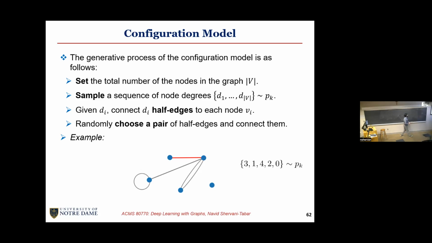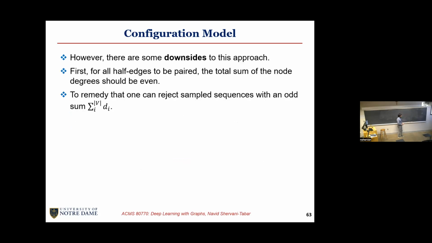All right. So there are some problems with the configuration model. The downsides include that if the total number of half edges that I have is not even, then I won't be able to construct my graph, because I can't select pairs.